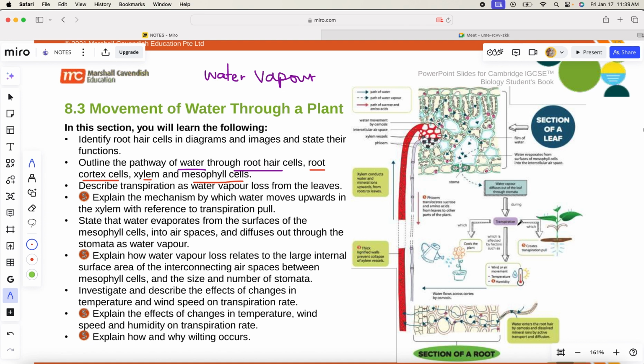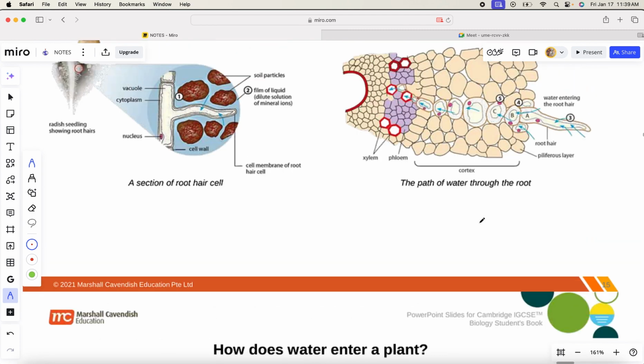Remember, I said 2 words we must be able to define: translocation and transpiration. Translocation has something to do with phloem tube, source, and sink. Transpiration has something to do with water uptake, xylem, and water vapor escaping from the leaf. So you must be able to define that. Now let's move on.